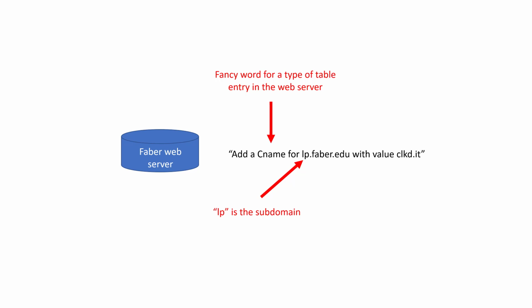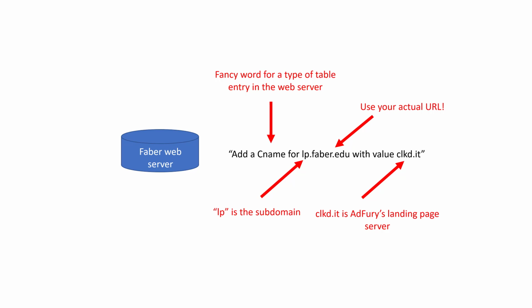And just perhaps is obvious, but just to be ultra clear, faber.edu is a fictional website. You want to use your actual URL there. So you're entering LP as the subdomain into this table, a CNAME type of entry, and the value is clkd.it. So that's AdFury's landing page server.